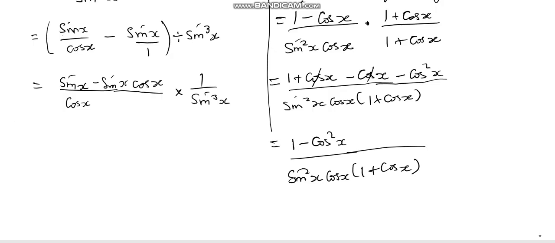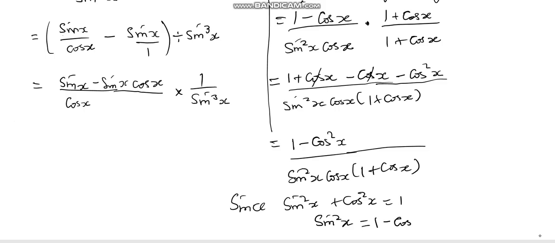Since sin squared x plus cos squared x is equal to 1, if we make sin squared x the subject, we have sin squared x is equal to 1 minus cos squared x. So where there's 1 minus cos squared x, we make a substitution and put sin squared x.